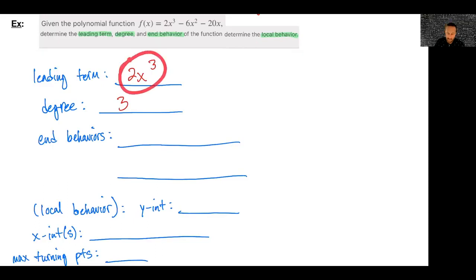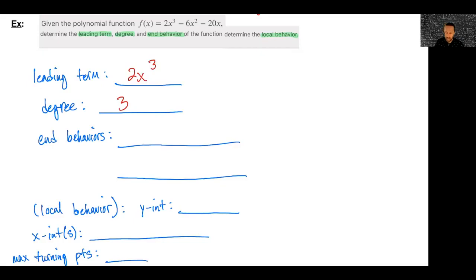Just based off of that information of my leading term, I should be able to tell you how the ends of this thing behave. Because it is a cubic function, if I forget about the shifts and all the other things that are going to affect it, thinking about my power function, this is definitely an odd power, and therefore it's going to have opposite behavior on the ends.